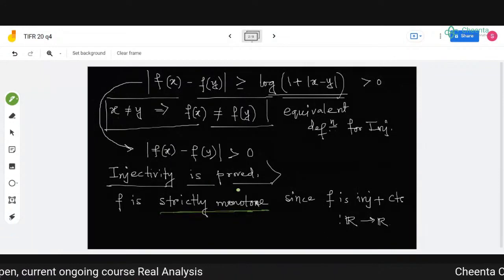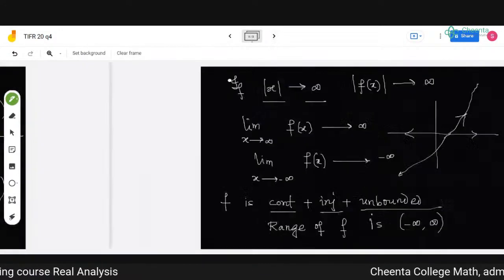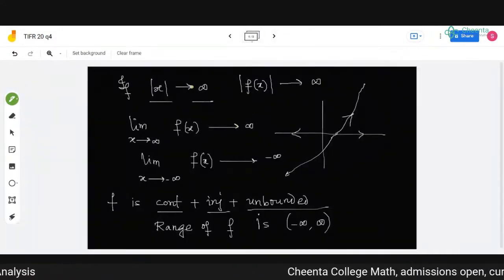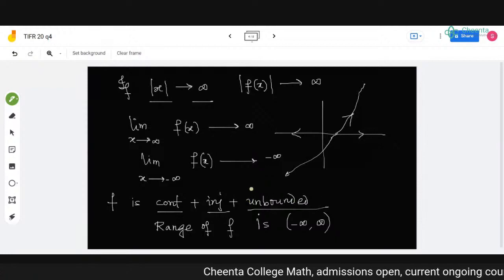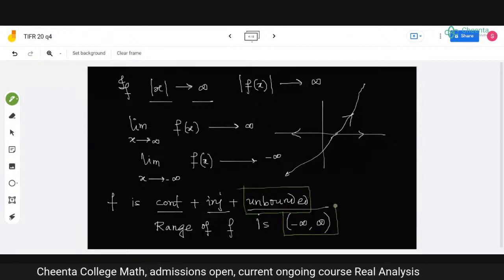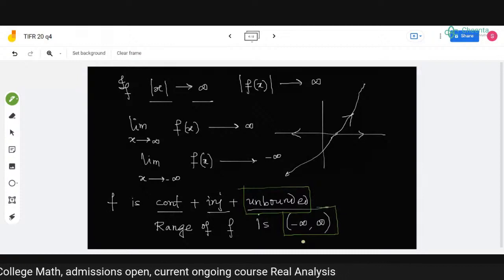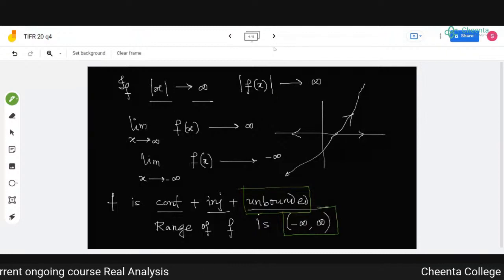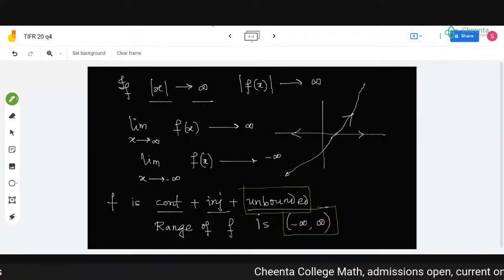With the help of that and the injectivity, we proved that it is unbounded and its range is from minus infinity to plus infinity. Because of this fact, the function f became surjective, hence bijective.